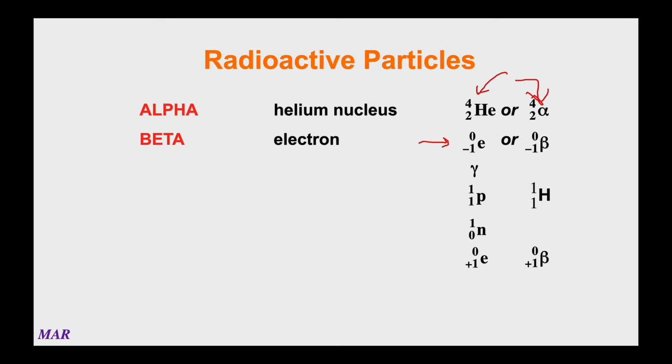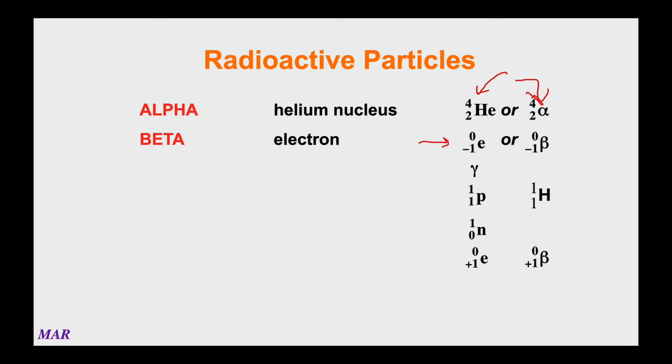When it comes to beta particles, these supercharged electrons, the 0 makes sense because there's no protons or no neutrons. The -1 is a little weird, so bear with me for right now. I'll make sense of this for you here in a little bit. So a beta particle has a 0 -1 E or 0 -1 beta.